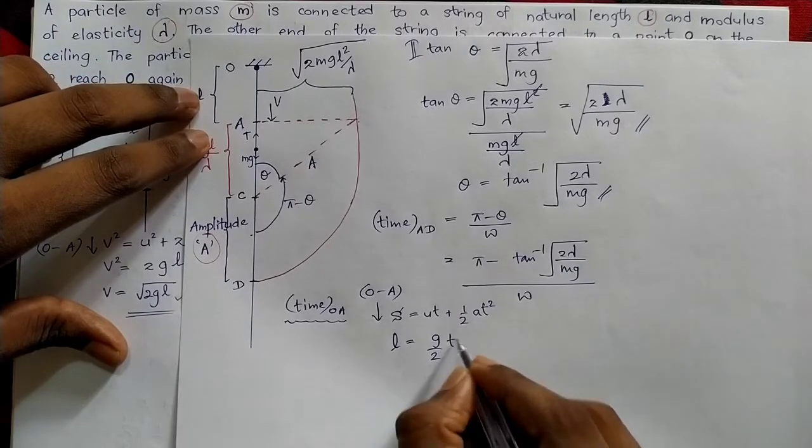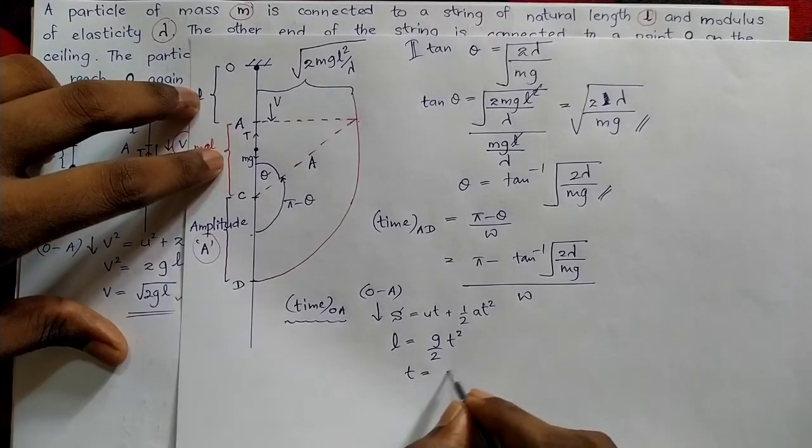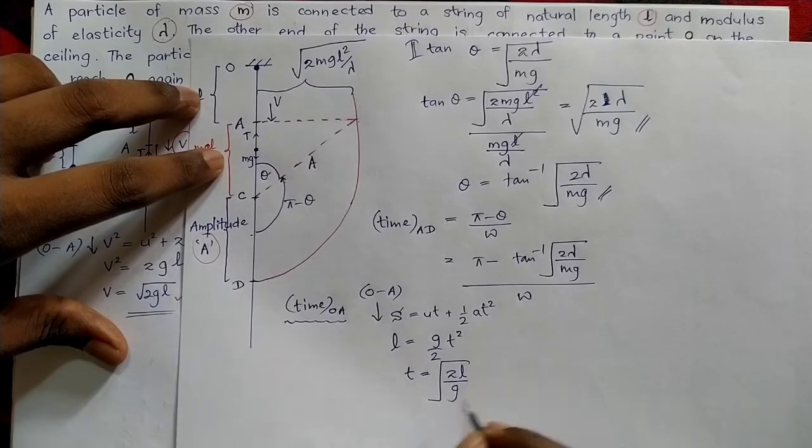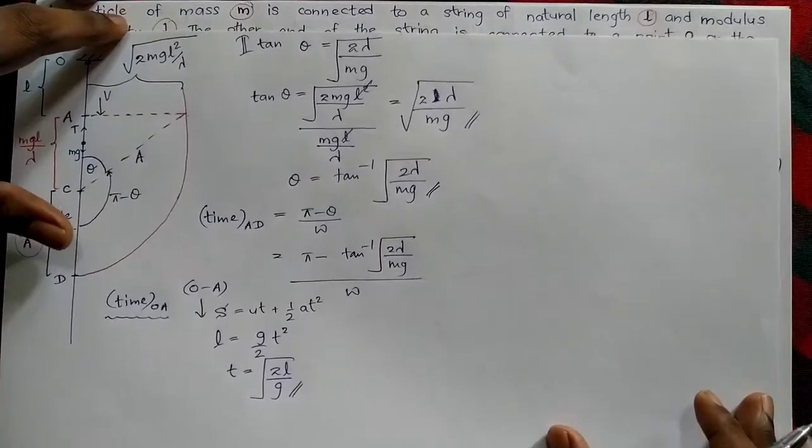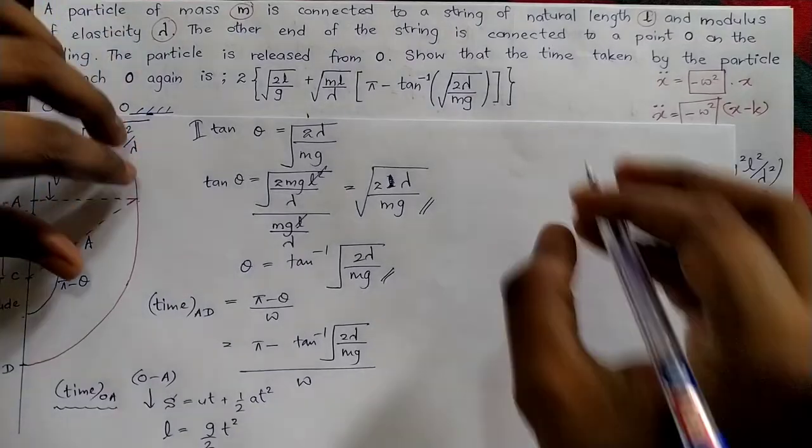Then it is g over 2 t square. Then we have t as the square root of 2L over g. Then we can find the total time.